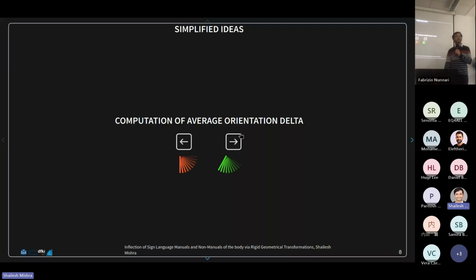So we want to change this rotation to this rotation. How do we do that? We compute the mean, right? We compute the mean for the other, then we compute the differences and we apply the differences to the green line. If you do that, what we get is the same rotation, right? And this is another inflection.